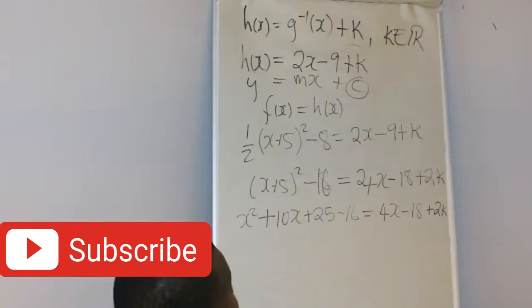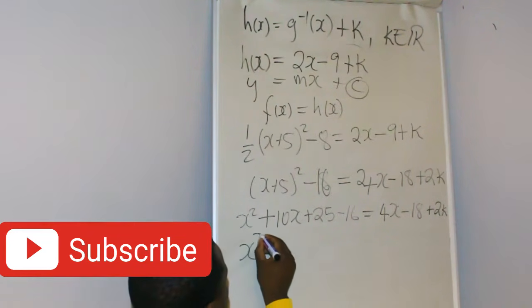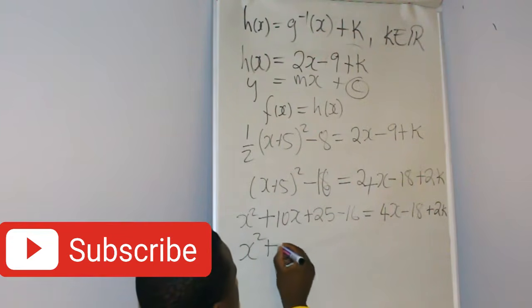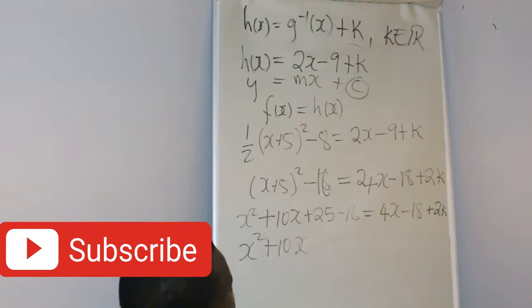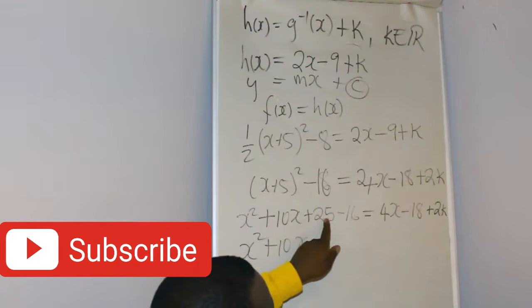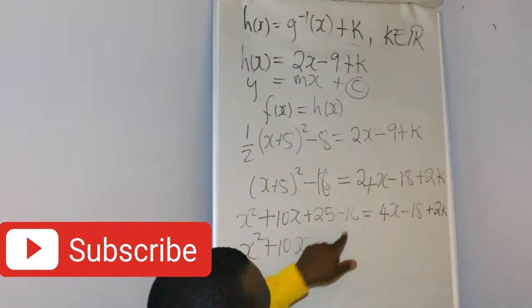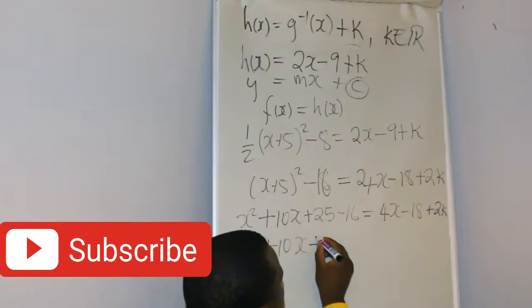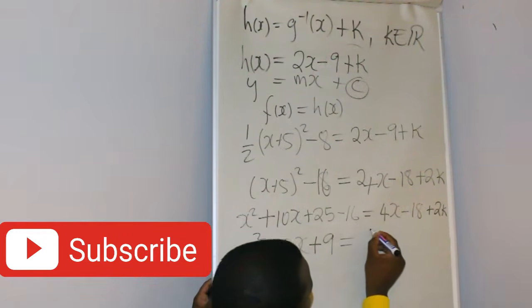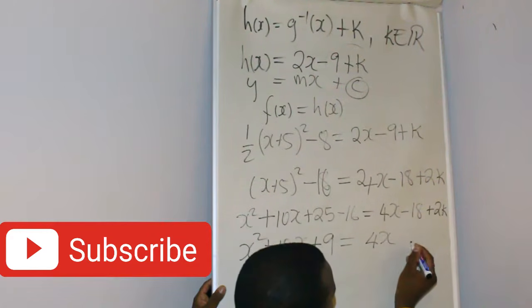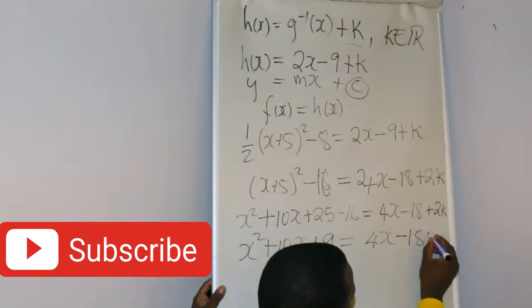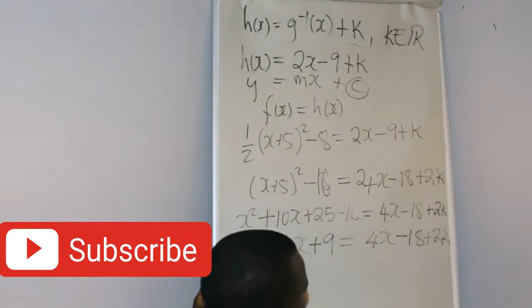So, let's simplify. So we have x squared plus 10x this side. So we have 25 minus what? Minus 16. So this is plus 9, is equal to 4x minus 18 plus 2k.